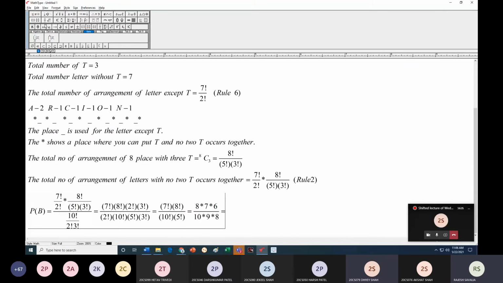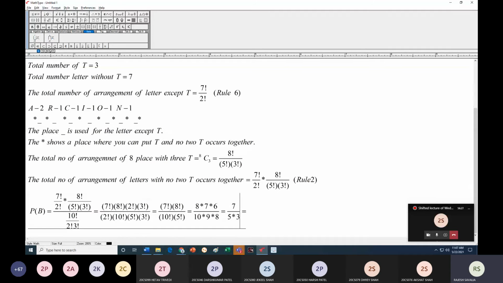In the numerator, 8 and 8 cancel. 3 2s are 6. 5 2s are done. Next 3 cancel.